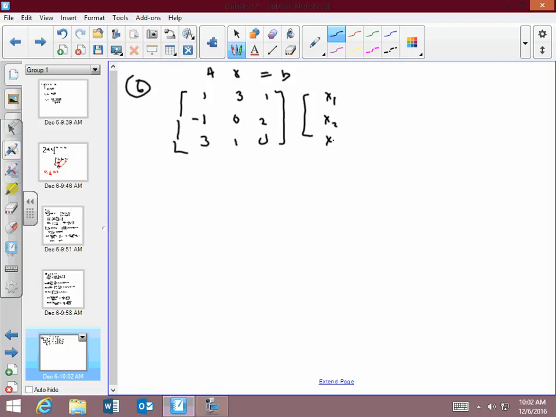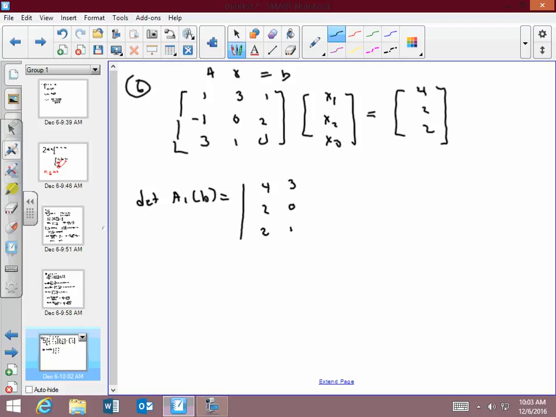X1, X2, X3, 4, 2, 2. So the determinant of A1B is going to be 4, 2, 2, 0, 1, 2, 0.